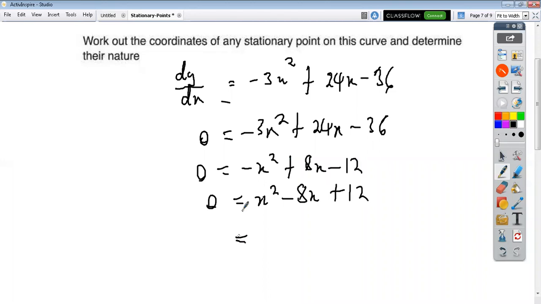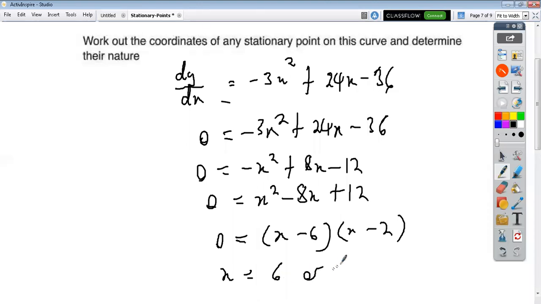Then let's factorize. Looks like it can be factorized. Yes. So x minus 6 and x minus 2, since minus 6 plus minus 2 gives you negative 8. So it is equal to 0. So it means x is equal to 6 or 2.